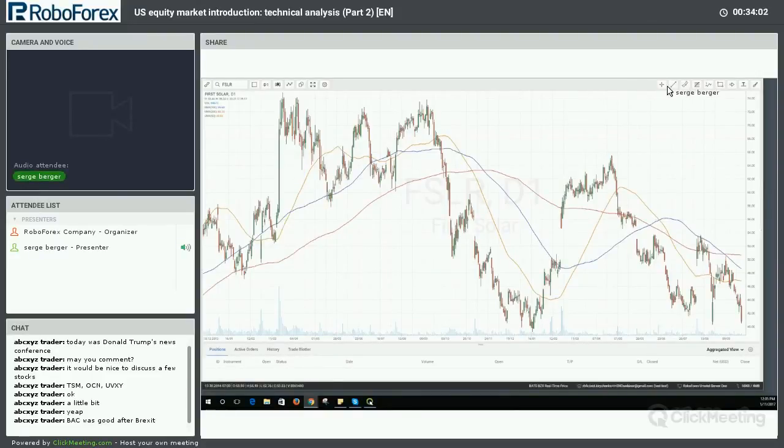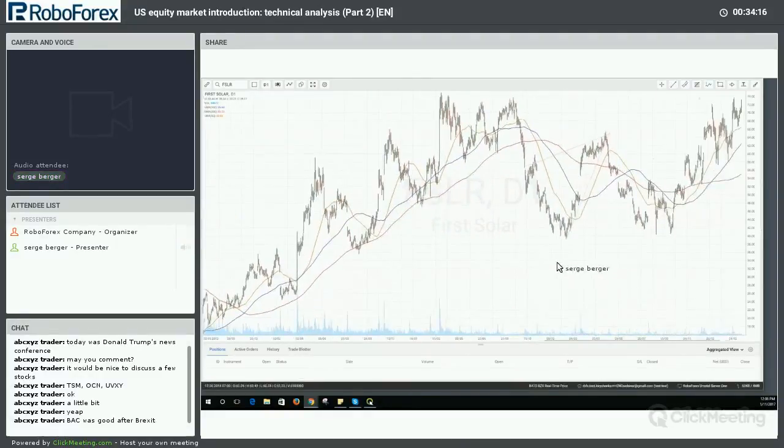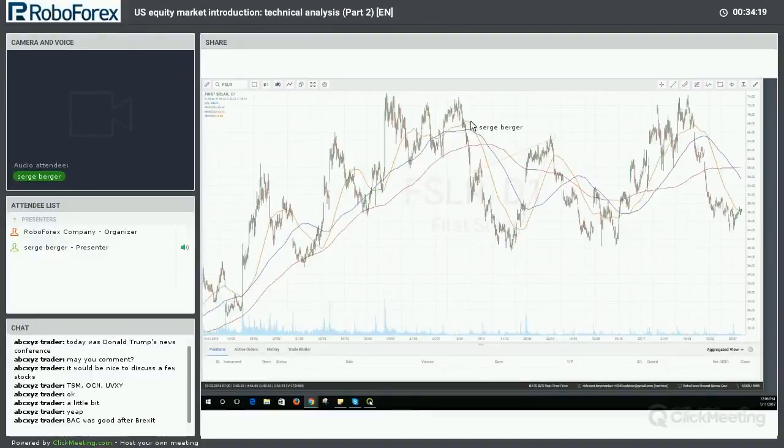So let's have a look. Let's draw a couple lines, and I'm going to show you what I mean. This is not your classic rising wedge, but that's kind of why I wanted to show you this. If we zoom out, you can see the pattern we're seeing in this specific stock. It's called First Solar, just so you know. Obviously, you can trade it on this platform.